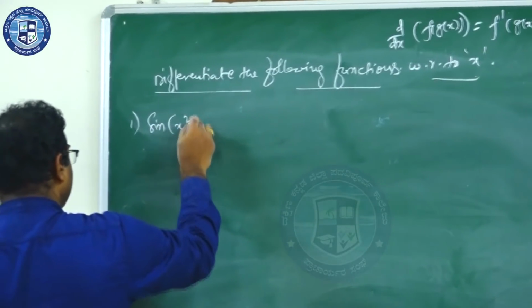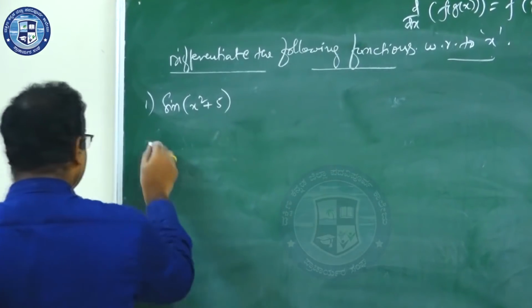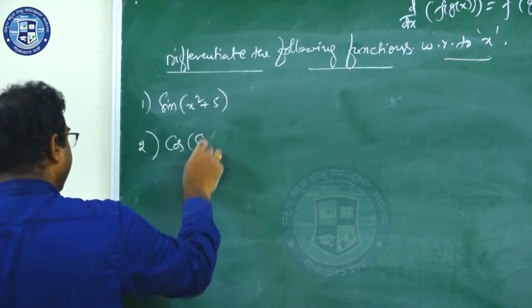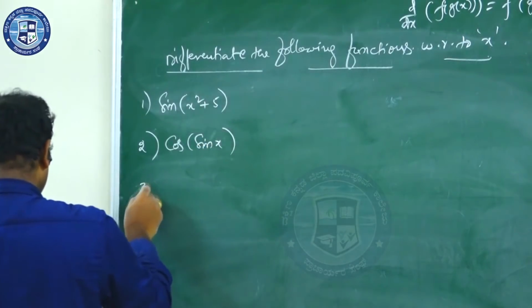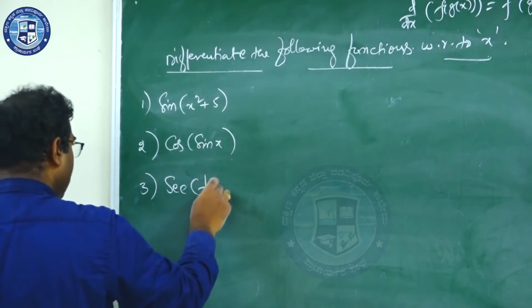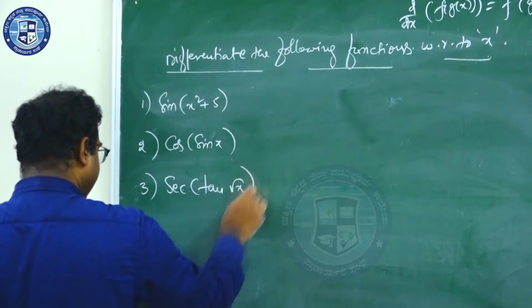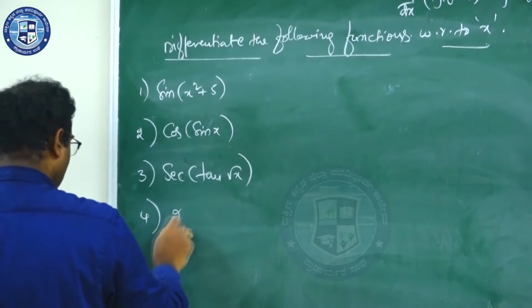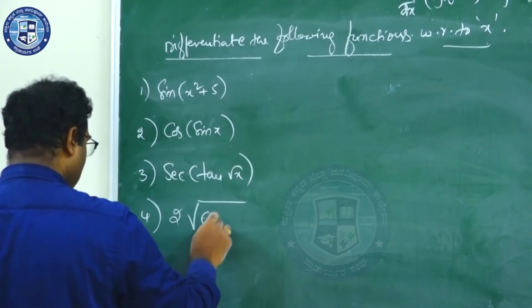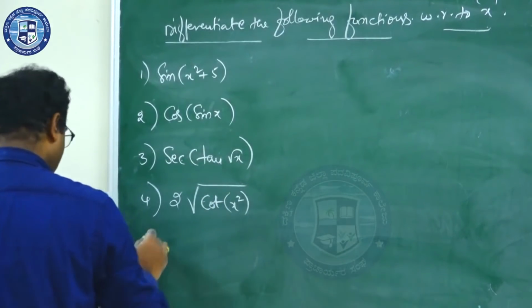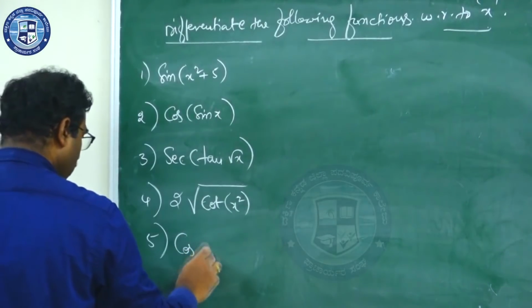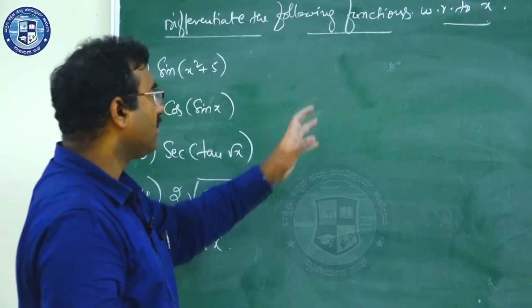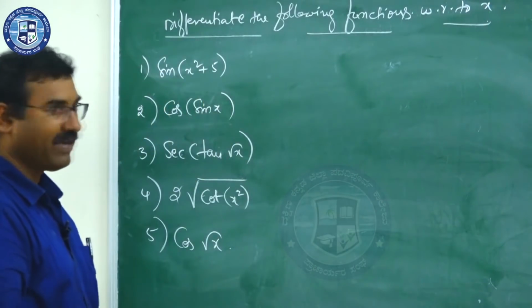Sine of x square plus 5, cos of sin x, secant of tan root x, two times square root of cot x square, cos root x. Okay. To understand this chain rule better, we will work out these 5 problems.